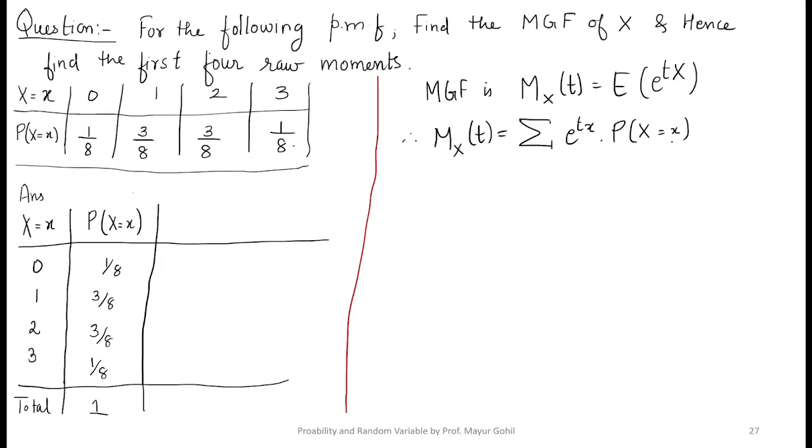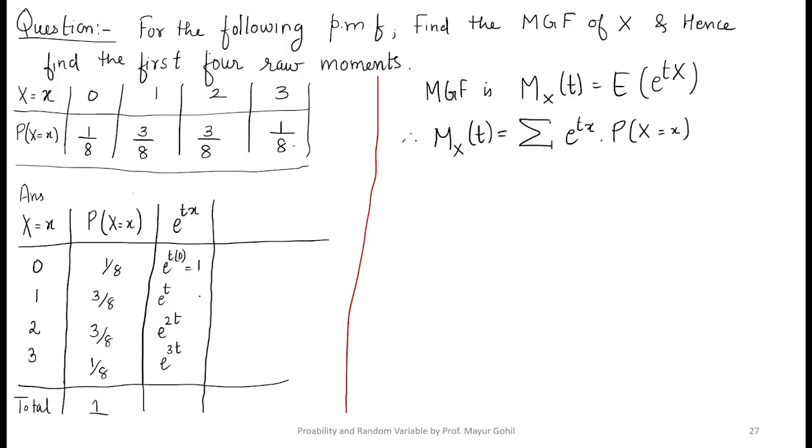Now we need one column here, e to the power tx. So let us make that column. e to the power t into 0 is going to be 1 here. The next is e to the power t, the next is e raised to 2t, then e raised to 3t. This is the column that we get.